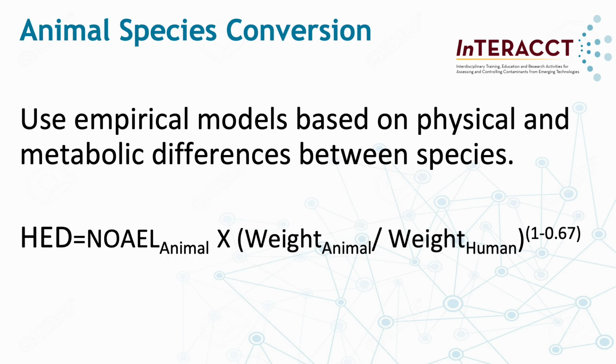For many of the interspecies differences, the dose conversions are based on empirical models. This slide shows an equation that has been developed to account for the relative weights of experimental animals and humans, where the exponential factor of 1 minus 0.67 is empirically derived from studies using a variety of chemicals in animal species.